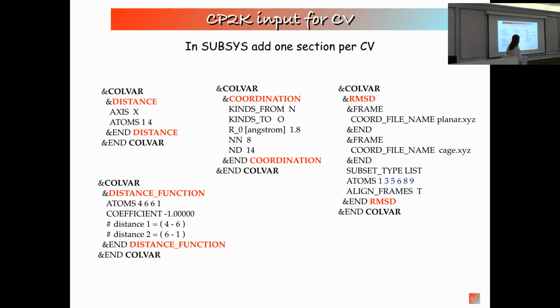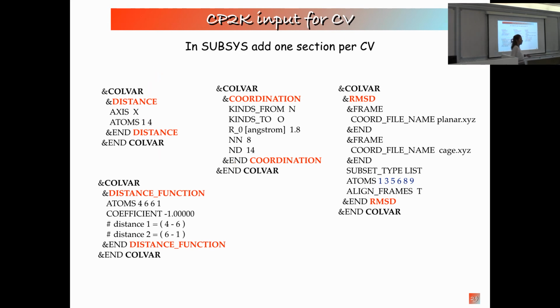How to use them in CP2K? You have to go to the subsystem section and define them. You can have as many as you want. Every one is defined with its own section called COLVAR, and then you can look at the list of those that are available. And you can specify the parameters that are needed.